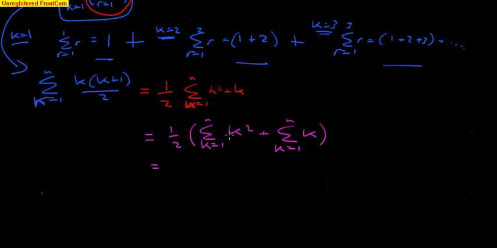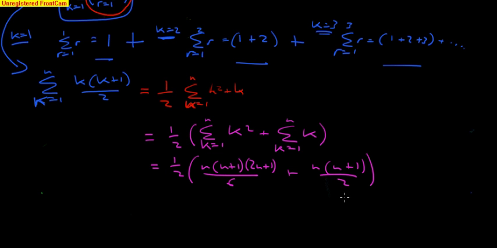And now we have an expression for k squared, and we have an expression for k going 1 to n each time. For k squared, we get n times n plus 1 times 2n plus 1 all over 6, and for k from 1 to n we get n times n plus 1 over 2. And this will be an expression for the whole lot.